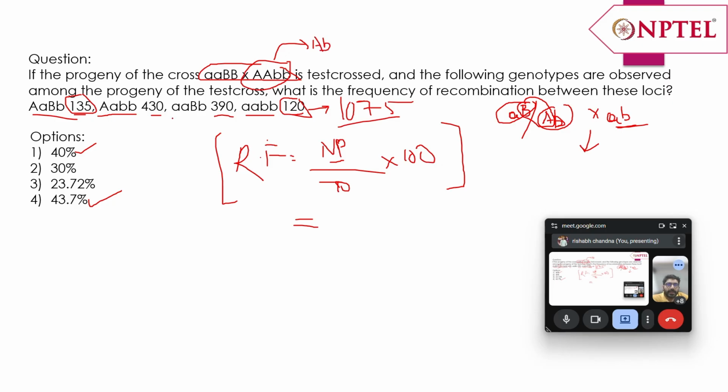Okay, and this would also be one of the parental offsprings because small a and capital B are linked, and this comes from one of the parents. Okay, so that's why these two are the parental offsprings and the other two are the non-parental offsprings. Okay, till now the explanation is clear.